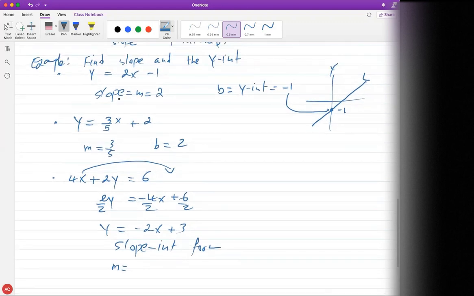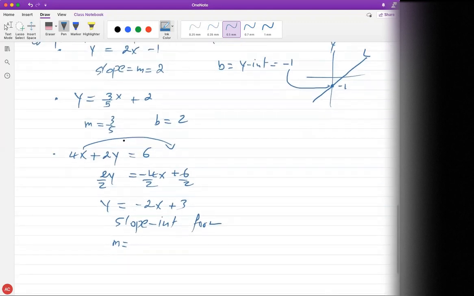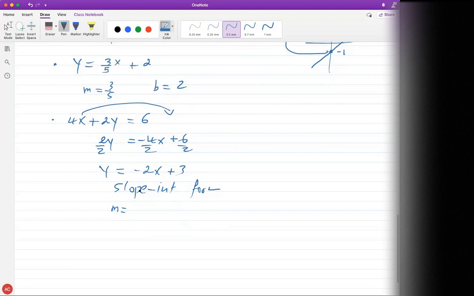Just like we've been doing, that's right, the slope is -2. It's the number next to the x. Obviously, that's a negative slope, so the line drops from left to right, and this is the y-intercept, or b, which is 3.